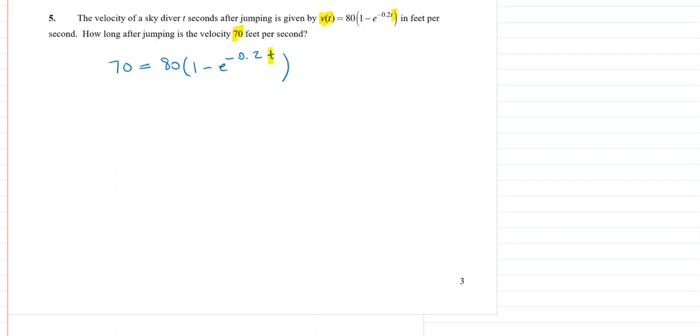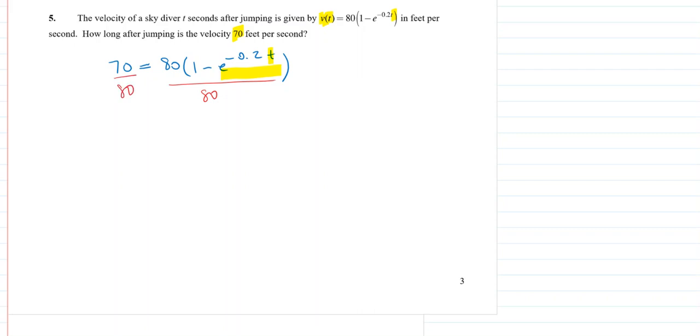So it's definitely not one of those where you can just make the bases match. So we have to get that exponential piece by itself first, and then take ln of both sides. In order to get to that, we have to get rid of that 80 first. So I'll divide both sides by 80.